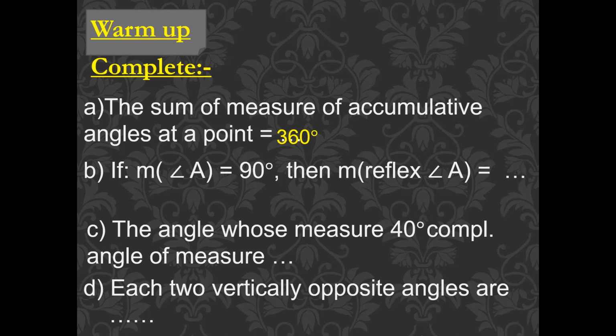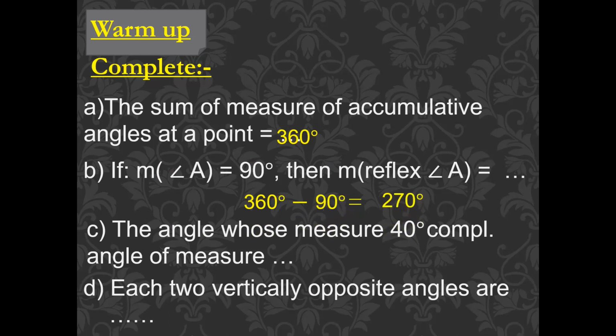Any angle plus its reflex equals 360 degrees. So if angle A equals 90 degrees, the reflex of A will be 360 minus 90, which equals 270 degrees.